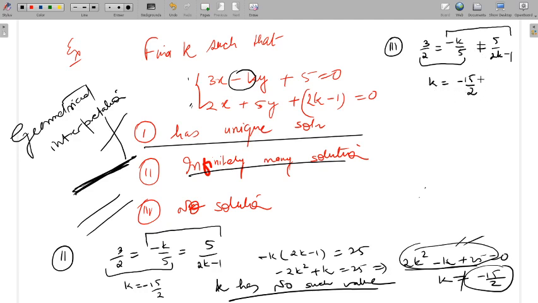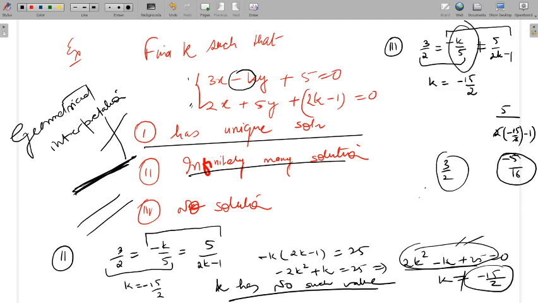If you put this value of k in this equation here, 5 upon 2 times minus 15 upon 2 minus 1, this becomes minus 16. So 5 upon minus 16, so minus 5 upon 16. This is not equal to this ratio 3 by 2.